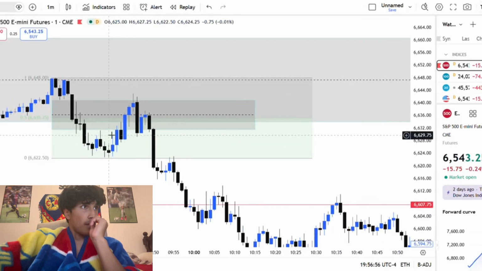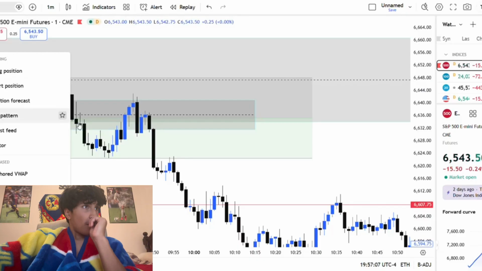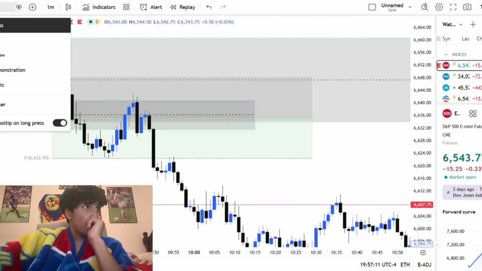Once we tap into this gap, where is it at? I would have actually just entered off of this reaction, because I always just wait for a bearish reaction to the gap.